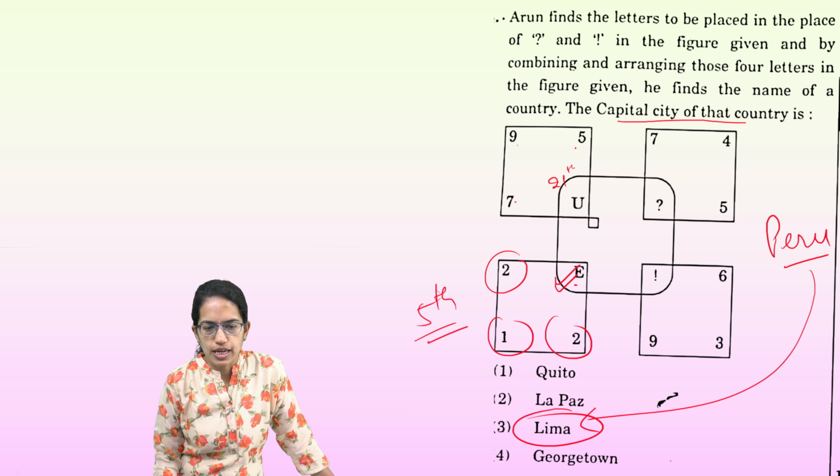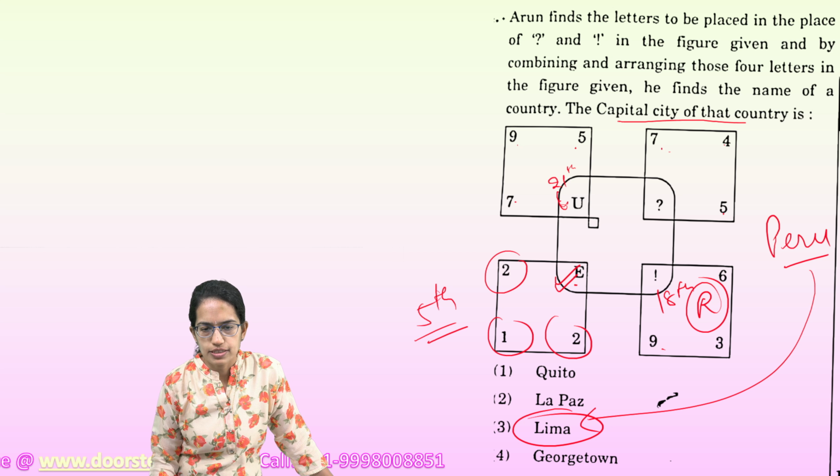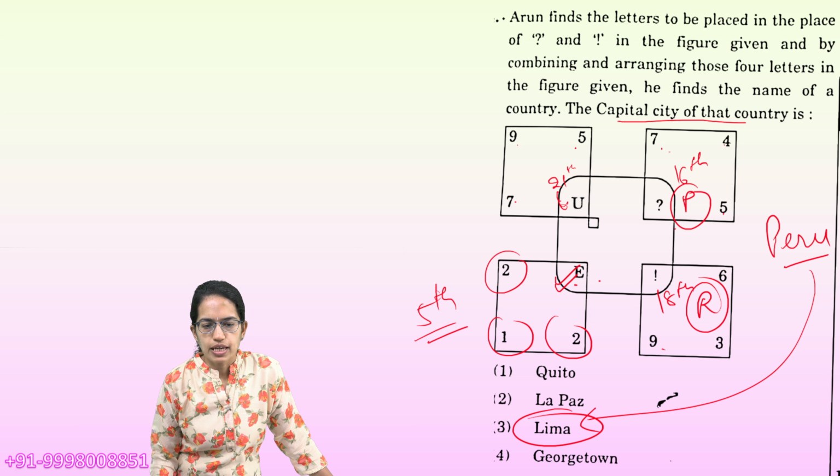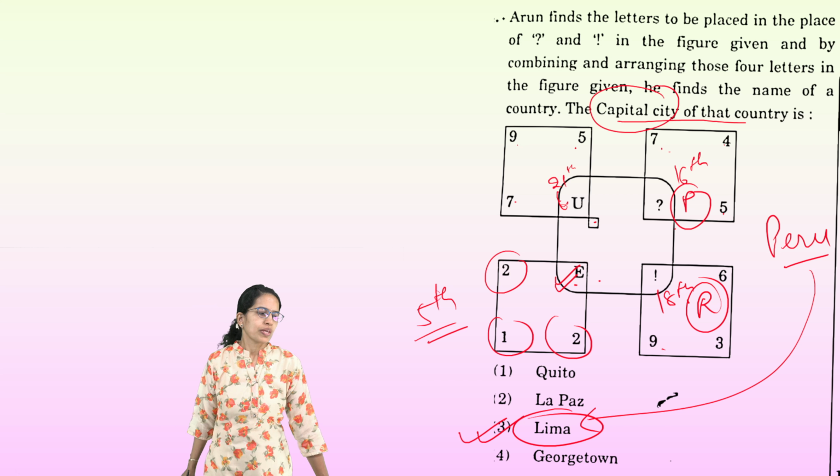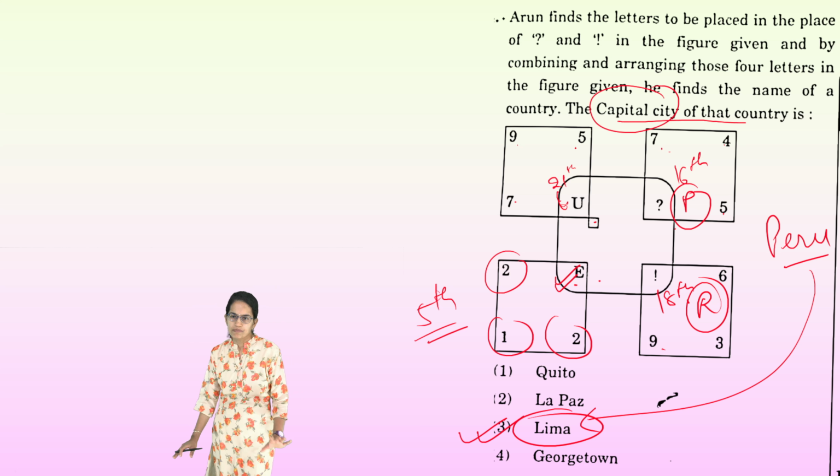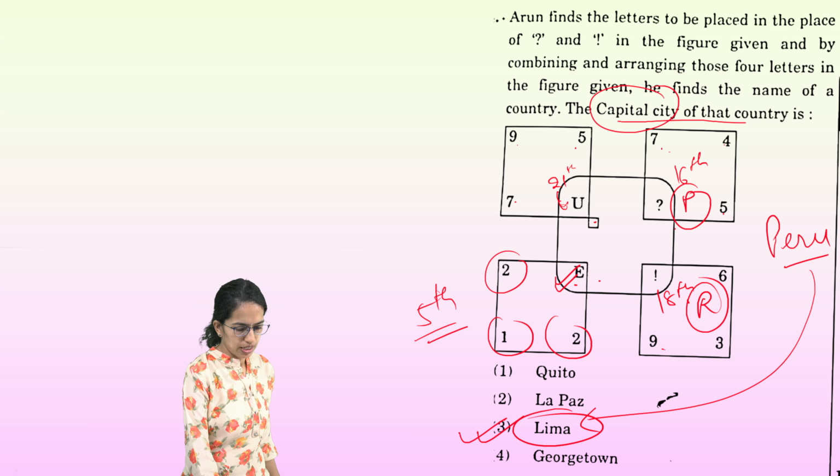So the 21st alphabet is U. Similarly, I take 12 and 6, that is 18. So the 18th alphabet is R, and here it is 9 and 7, 16. The 16th alphabet is P. So P, E, R and U. Peru is the country, and the capital of that country is nothing but Lima. So a very interesting and different kind of question has been asked here.